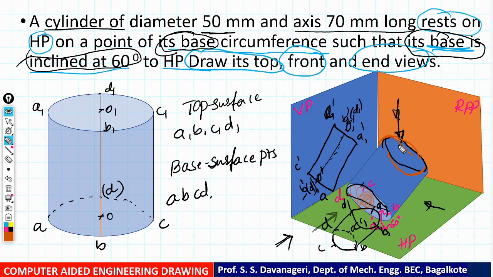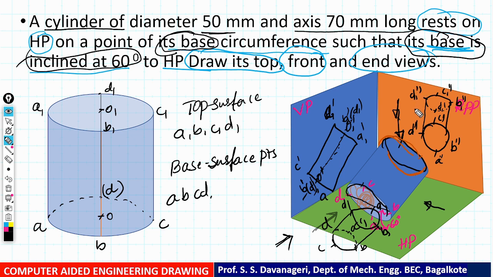Now if you draw its side view, you are going to get this shape. Again, you got b double dash, c double dash and d double dash on the top side. Here you got a1 double dash, b1 double dash, c1 double dash and d1 double dash.